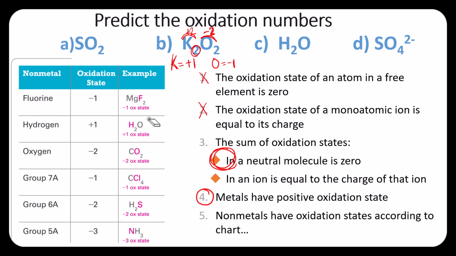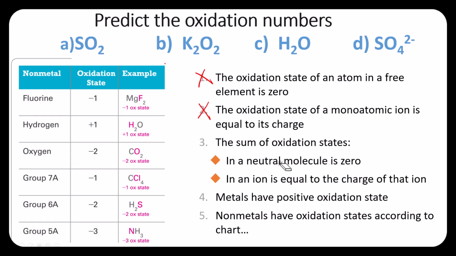Okay. One more with you, so we can see how this charged ion works over here. All right, so we're doing D. So going through our list of rules, oxidation state of a free element. We don't have a free element. Oxidation state of a monoatomic ion, not a monoatomic ion.